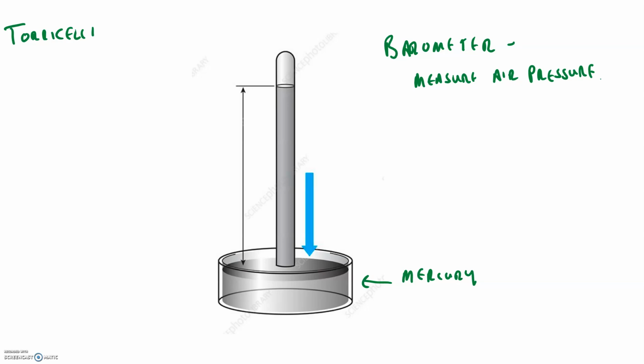And what Torricelli discovered is that for some reason, if you build a barometer like this with a big dish full of mercury, the pressure from air pushing down on the surface of the mercury in the dish will actually push this mercury up this glass tube to a height of 760 millimeters of mercury at sea level.